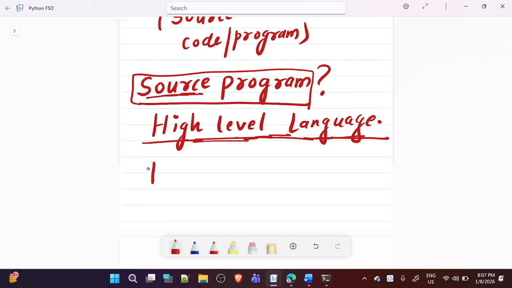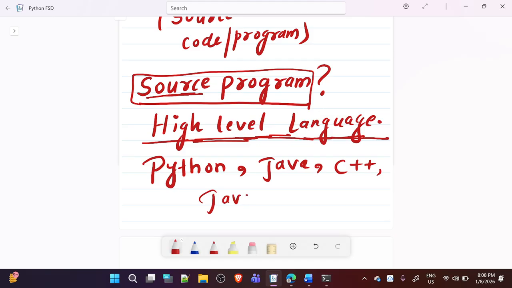High level languages are like Python, Java, C++, or JavaScript. These are the examples of high level language.